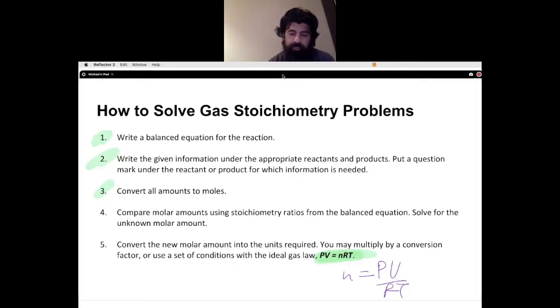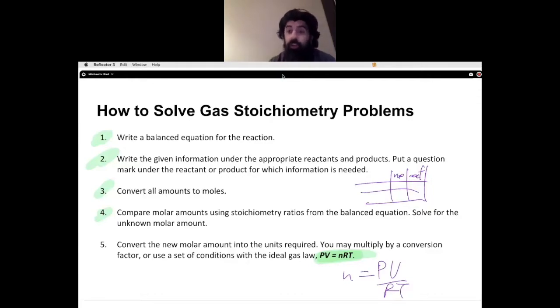Then, next step, you're going to compare the molar amounts using stoichiometry ratios from the balanced equation. What this means is use that moles to coefficient table that you'll see me always utilize in all my answer keys. Okay, that's what that part means.